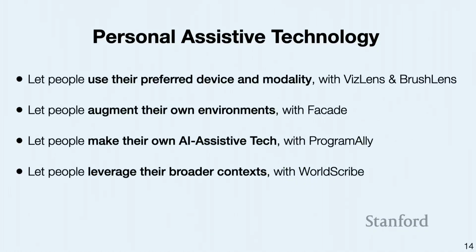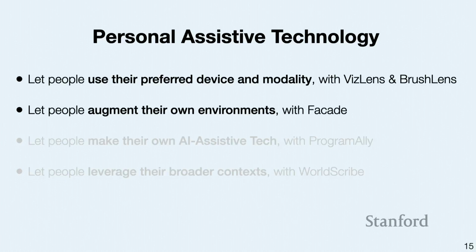So I'm going to show you a few examples of how personal assistive technology will let people use their own devices and modalities and augment their environments, as well as enable people with disabilities to make their own assistive technology and leverage broader context. So I will start with the first one.